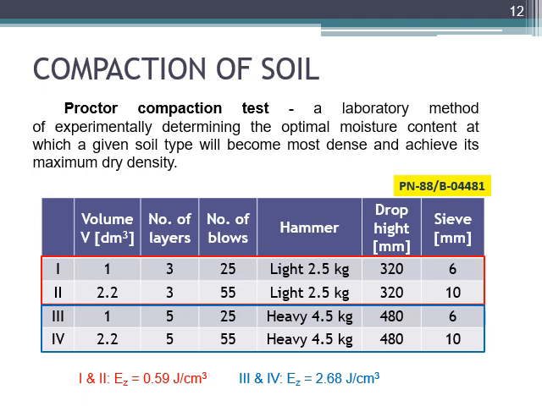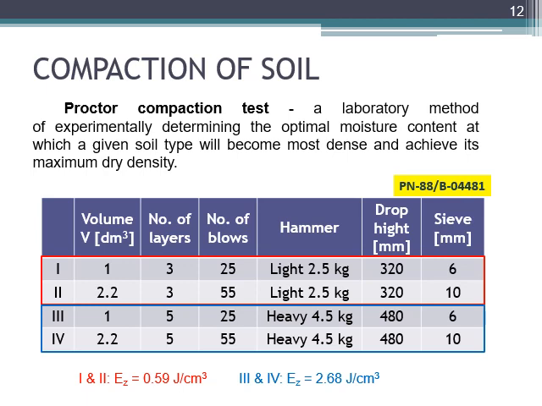If the first 2 methods are applied, the soil is compacted with the energy equal to 0.59 joules per cubic centimeter. To obtain this energy, we are using 3 layers of soil which are compacted with 25 blows if a small cylinder is used, or 55 blows if a bigger cylinder is used.